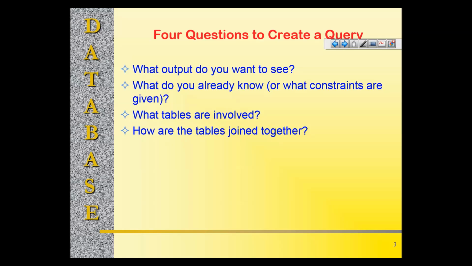That might be a constraint. And then we need to identify which tables we are going to retrieve that data from. And the last one is whether we are retrieving this data from one table or more than one table. Those are the questions that we need to keep in mind.